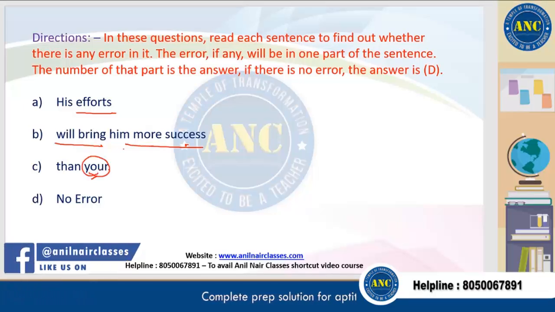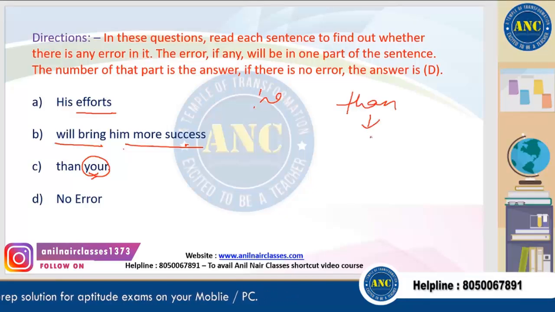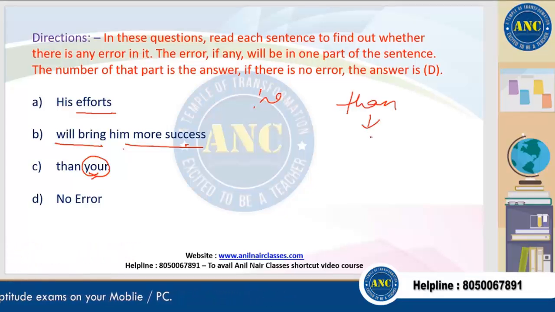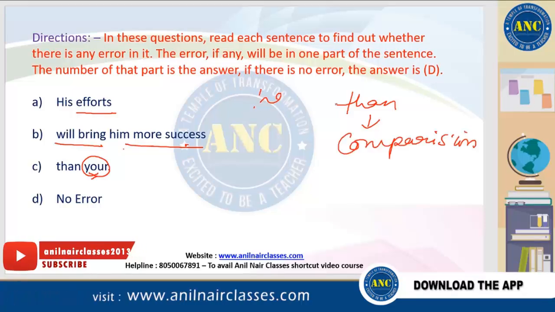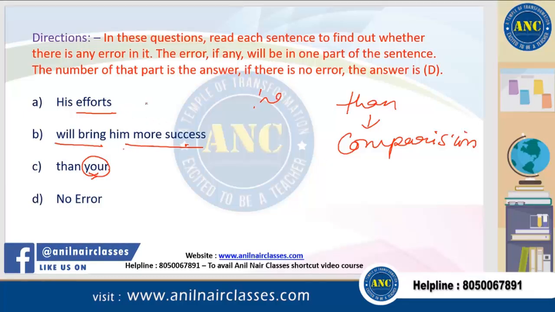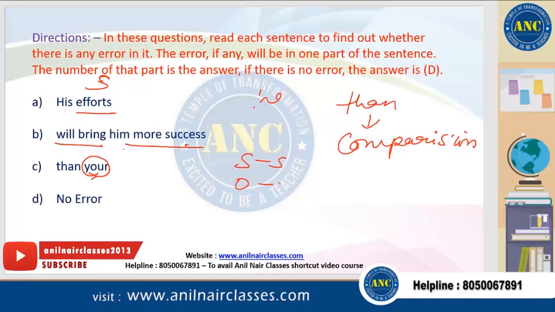So you are comparing. Now one clue over here is whenever you see THAN, the moment you see than, there is a comparison. This is something you have to remember. Whenever than is there, that time comparison, and you have to compare like items. You are comparing the efforts, which is the subject noun. So you can compare subject to subject, object to object.